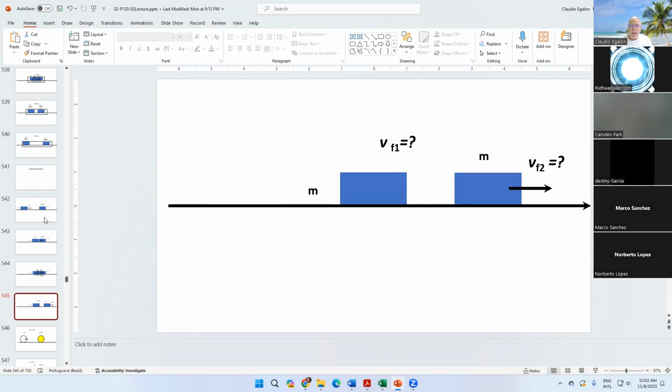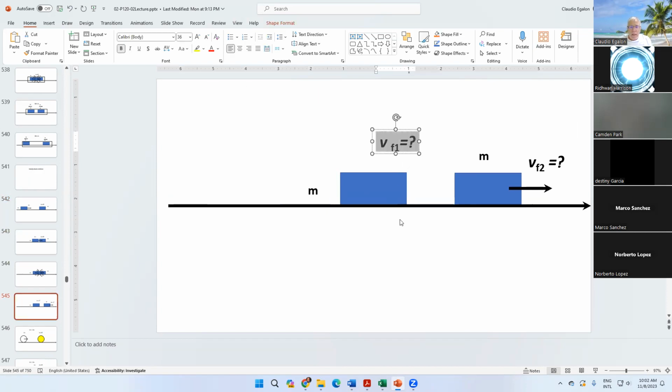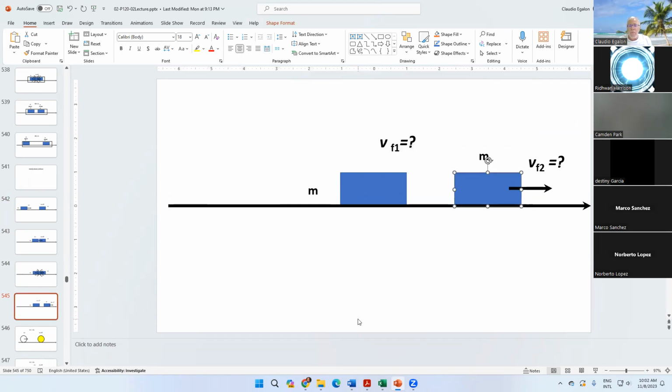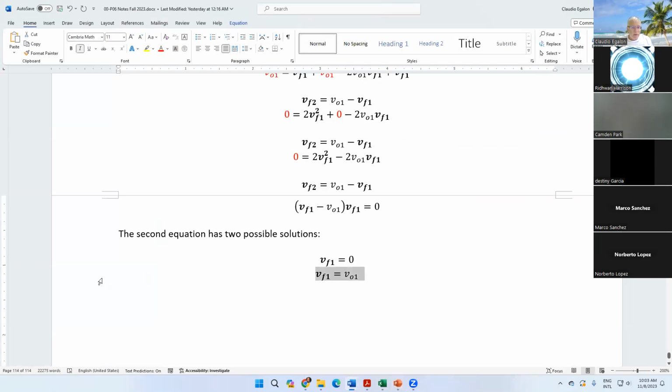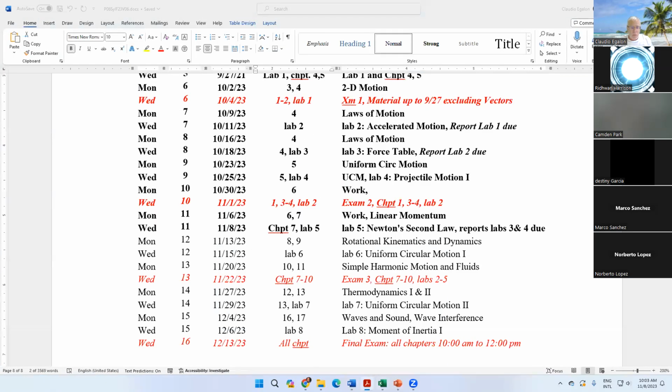What's that going to be? So it means that this one is going to be at rest after the collision, and this one is going to move forward. Okay? It looks like it's reasonable, right? The other solution states that the final velocity of one will continue to be v01. It's not going to change at all.